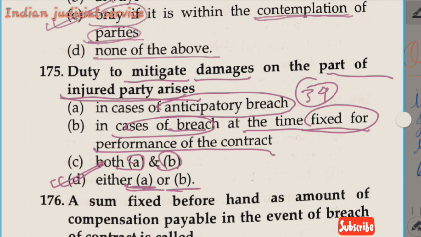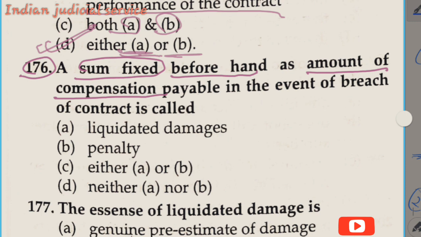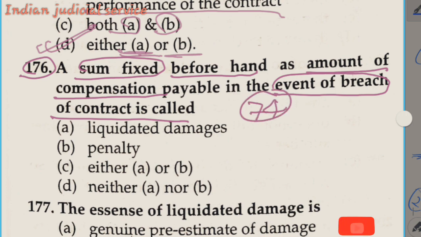Now the next question, question number 176. A sum fixed beforehand as the amount of compensation payable in the event of breach of contract is called. This question is related to section 74.